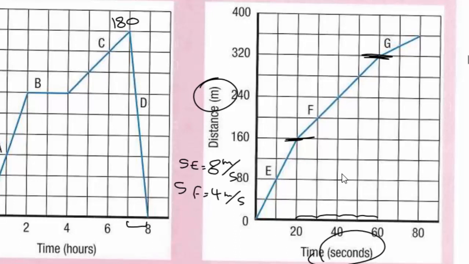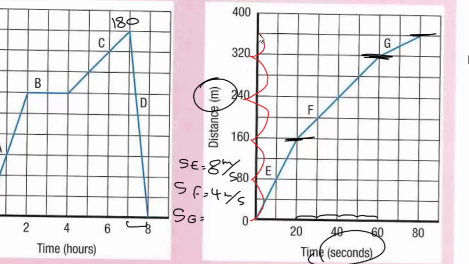And the last section, which is G, SG means speed of G. It is going from 320 to here. How can we work out this? Look, the graph is going by 80. From here to there is 80, another 80, another 80, another 80.